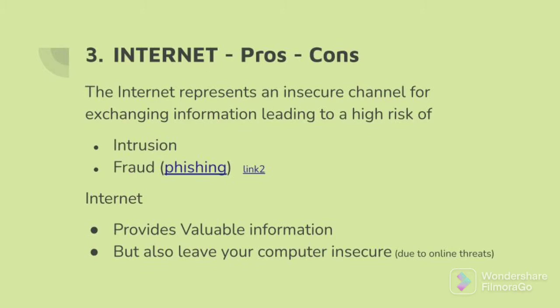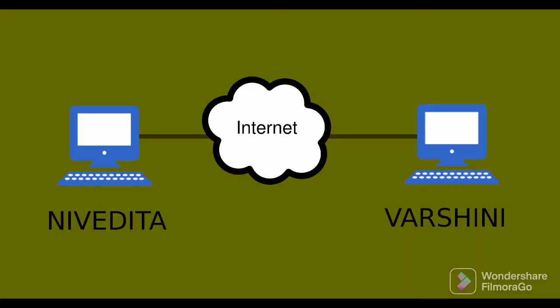An intrusion is an act where a third person may intrude on the interaction between two parties, or a person might attack an individual computer to steal data. To understand intrusion, let us see this example. Nivedita and Varshini are communicating with each other. Nivedita is sending a message, hi, to Varshini over the internet.